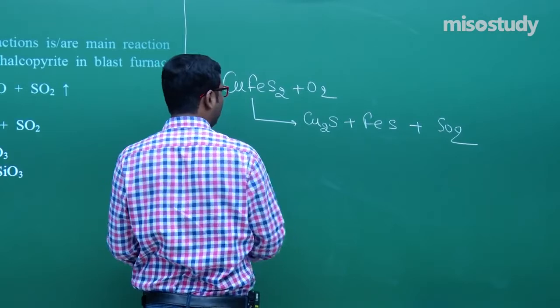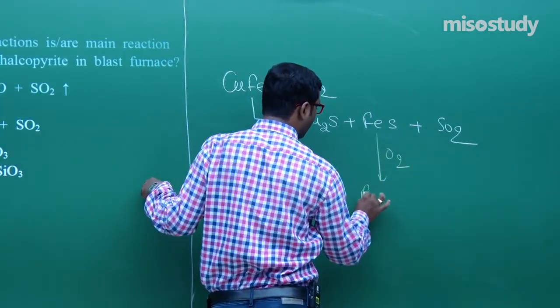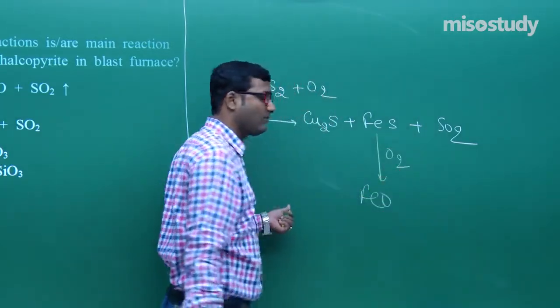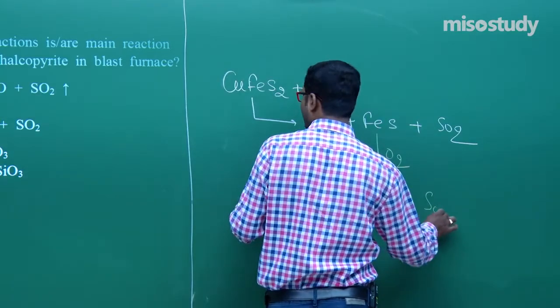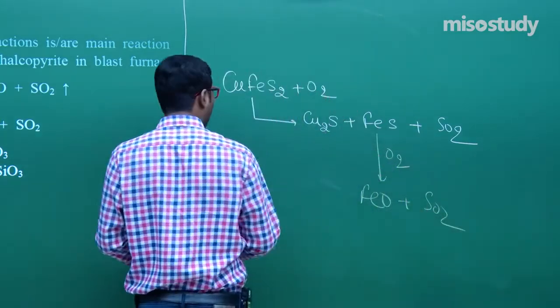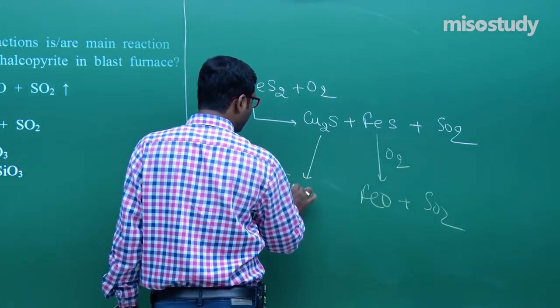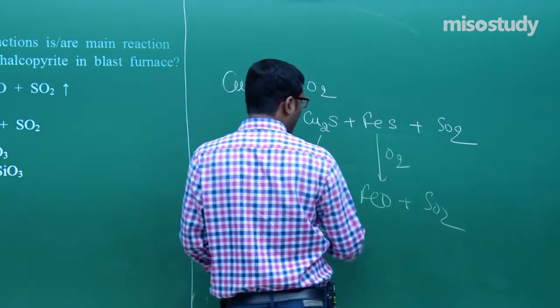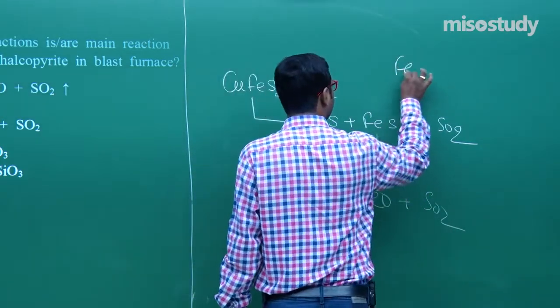And what will happen? This FeS, when treated with oxygen, gives FeO plus SO2, the conversion of sulfide ore into oxide. Now Cu2S is again converted to CuO plus SO2. And to remove the impurities here, what is the main reaction?